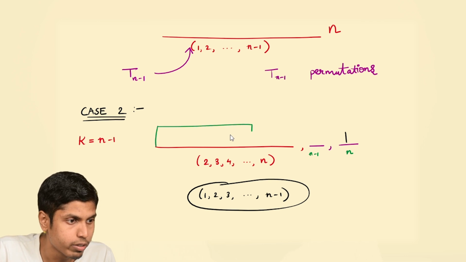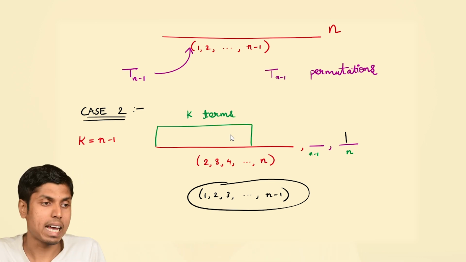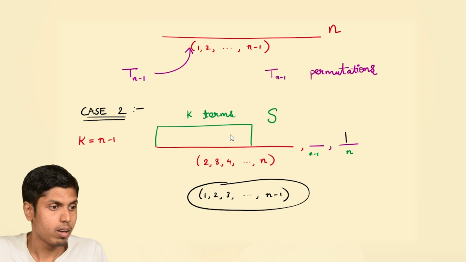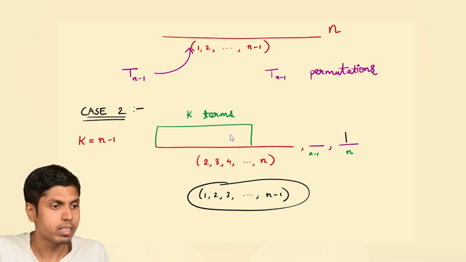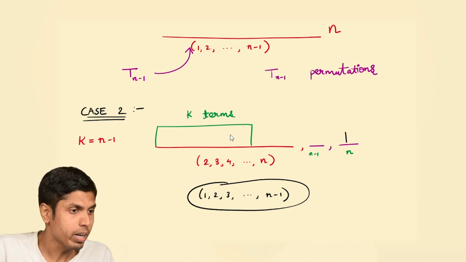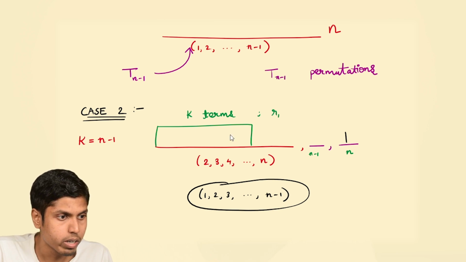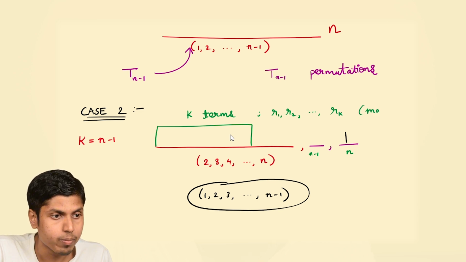Suppose I consider the first k terms in the permutation. Let's say its sum is s. Or let's consider the remainders to be R1, R2 till Rk, modulo k.